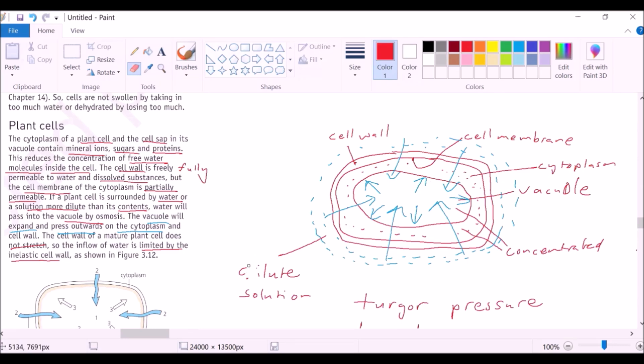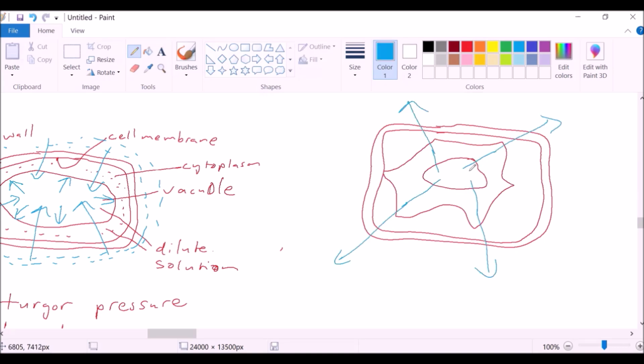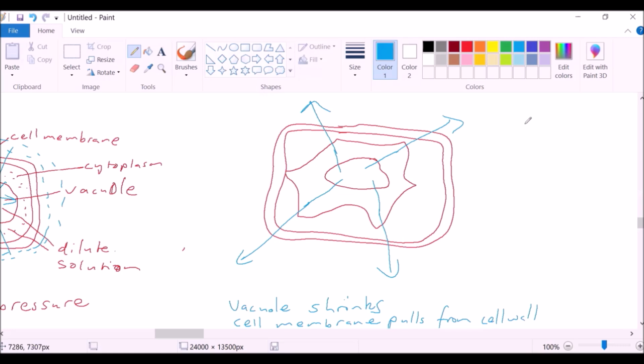If we have a concentrated solution outside the cell and a dilute solution inside the cell, what happens is water moves out of the vacuole, the cytoplasm, and out of the cell by osmosis. The vacuole shrinks. The cell membrane pulls back from the cell wall, and we say the cell is flaccid.